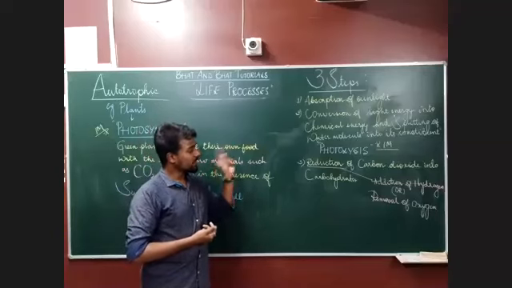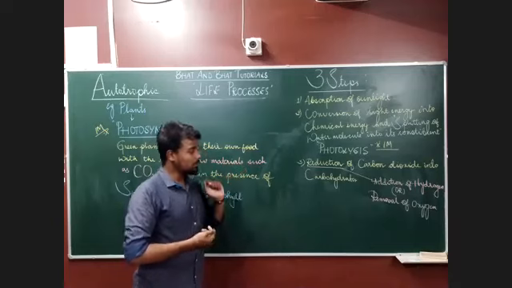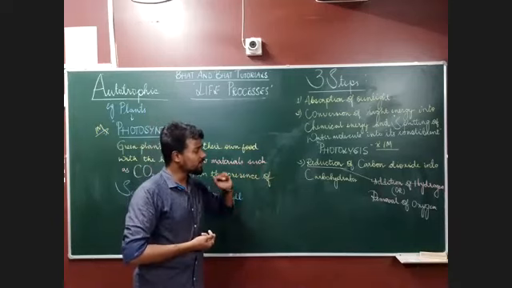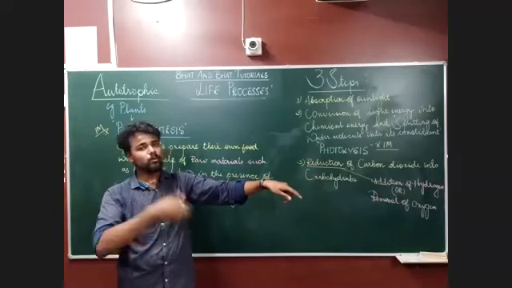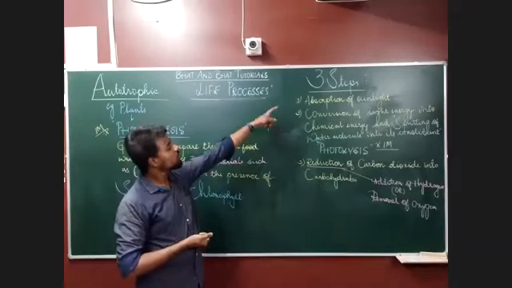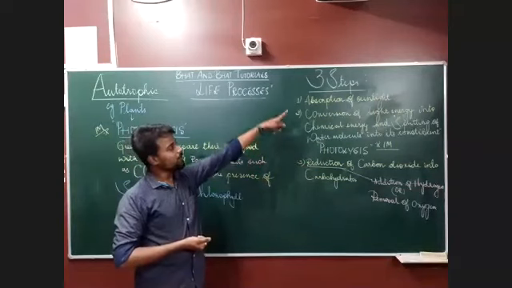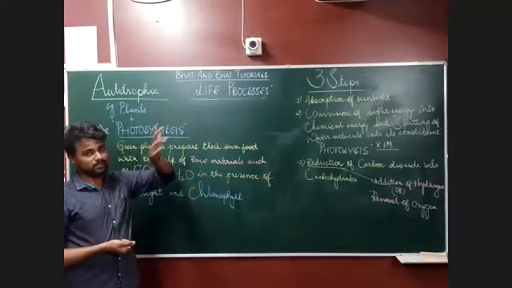And the third step is the reduction of carbon dioxide into carbohydrate. Reduction is the addition of hydrogen or the removal of oxygen; both processes we call reduction. So there are 3 steps in photosynthesis, and this is how we define the terminology. All of you please go through this one more time, then we'll move on to the detailed understanding of photosynthesis.